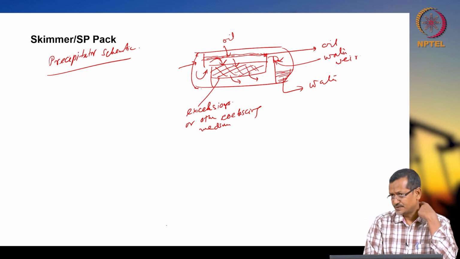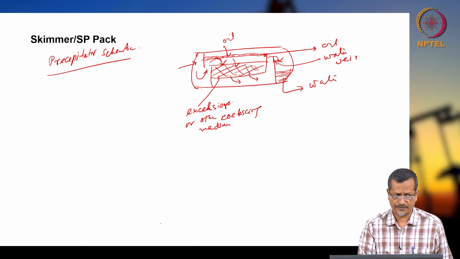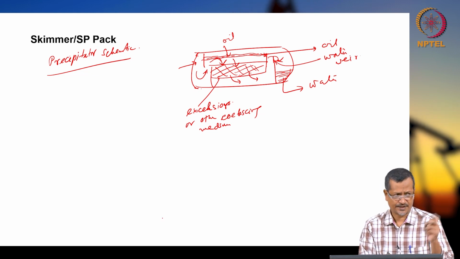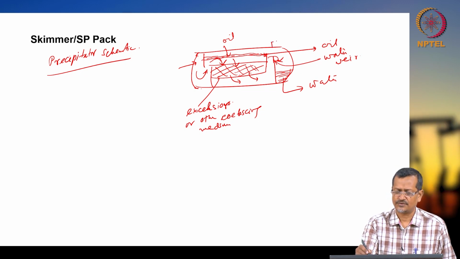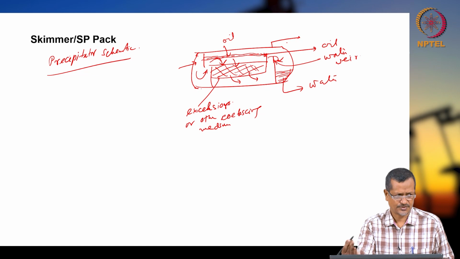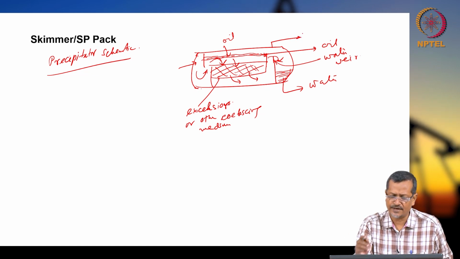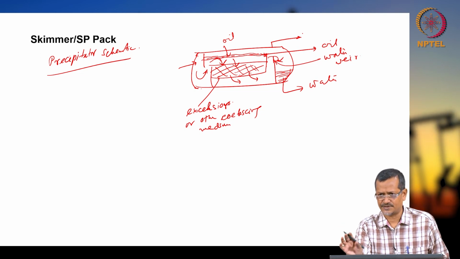So here we are not using a mist extractor, as this is a normal atmospheric vessel. But if you have a high pressure system, then you have to use a mist extractor and a gas line also. But we are assuming that gas is very negligible. So we may have a gas extractor, or maybe we put that also, so that if any extra gas comes out, we can take it. But normally we will not have much gas.